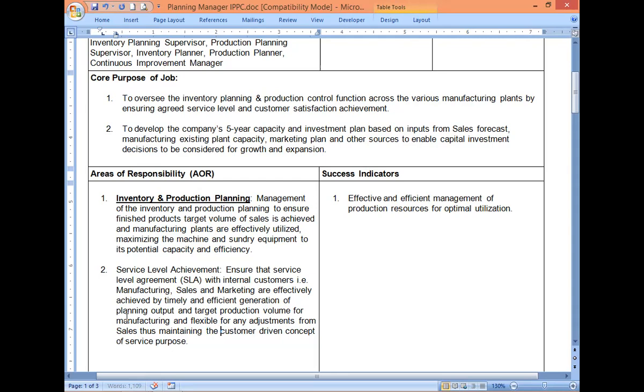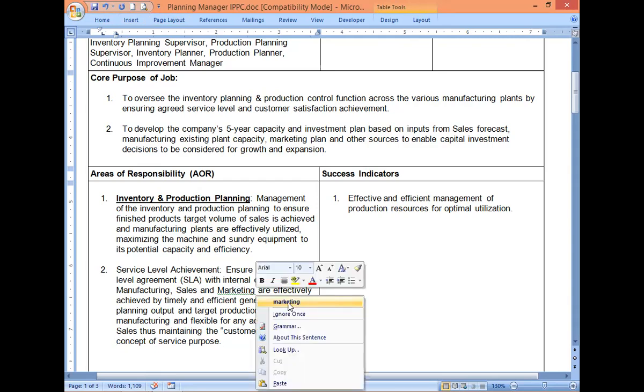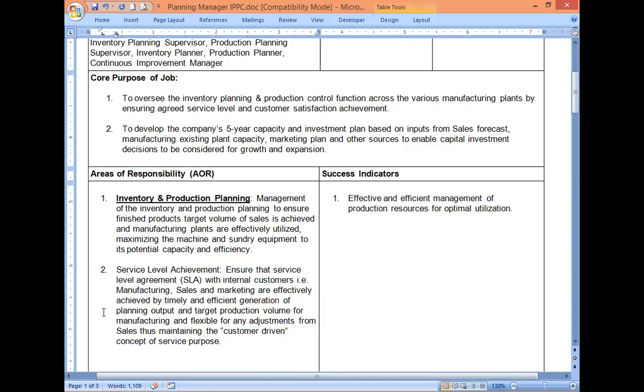I'd rather put a quotation mark here. Customer driven concept of service purpose. Why is this not accepted? They want small, okay? Marketing. Okay. That's it. So we have to put the space again here.